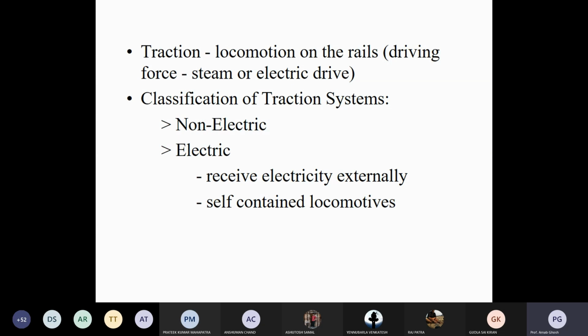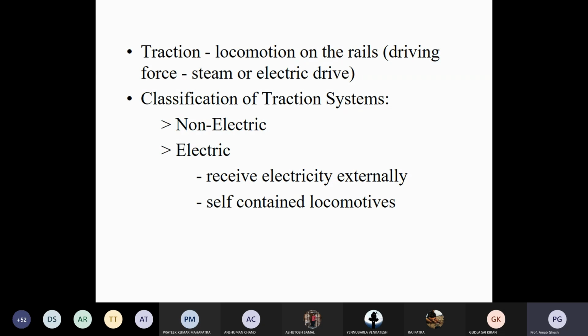There is an overhead line, and the motor directly takes the power from the overhead line. And there is the self-contained locomotive, sometimes with a diesel engine, so they can do their own generation.